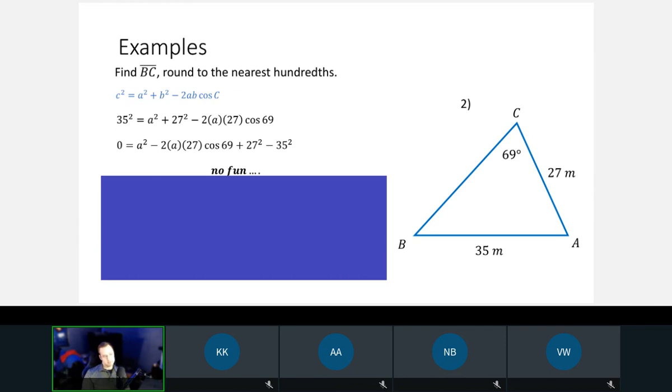What formula can we use to solve quadratics? Which formula can you use to solve quadratics? Yes, the quadratic formula.